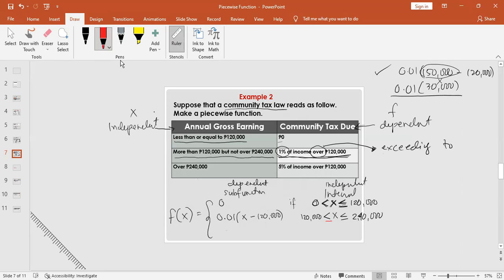It's in the right endpoint of our first interval. Okay, so no need to put an equal sign there. So let's come now to the third subfunction, third and last subfunction, for example, number 2. So you may pause the video for a while to think of your answer.